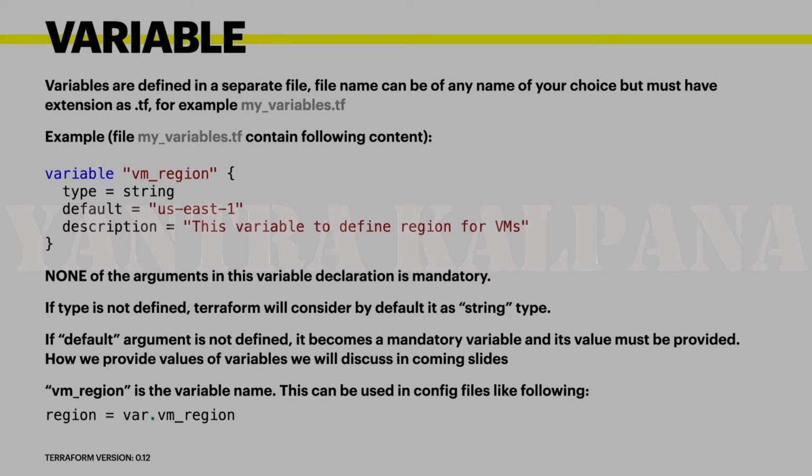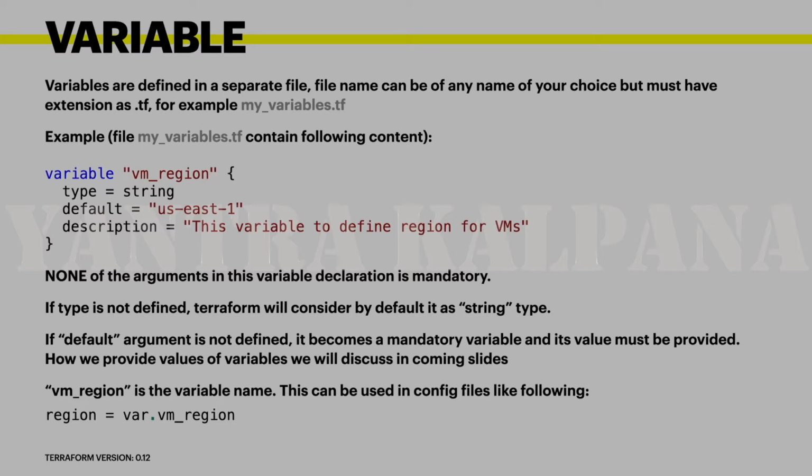And this variable contains a block where you can define a couple of things. I have just defined here three things, which are the type of the variable, the default value of the variable, and the description. All the arguments inside this variable are optional. None of them are mandatory.